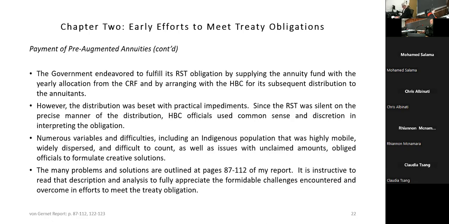So there's all these practical impediments and challenges. And, to their credit, they try to overcome them with common sense and some form of accommodations. But it wasn't easy, and I think it's still a very messy affair. Trying to reconstruct it today is still very difficult.